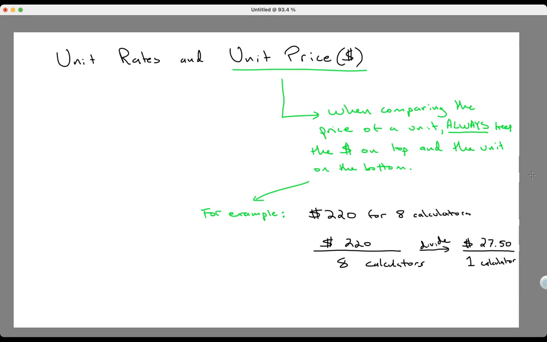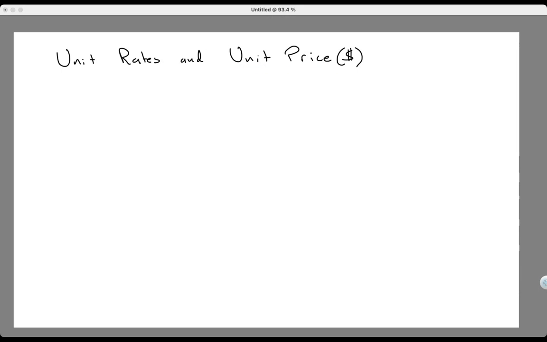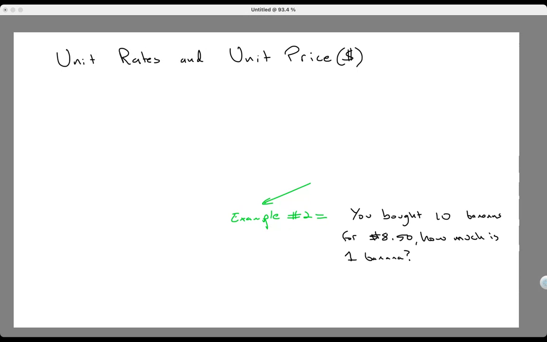Sometimes it's hard to compare, especially if you buy multiple or different units or different values, and especially if it's different prices. So that's why a unit price will be really handy in being a smart shopper here. But that's the idea. We want to set up our rates in the order of dollars over our unit.